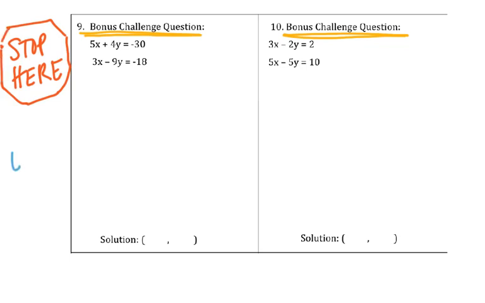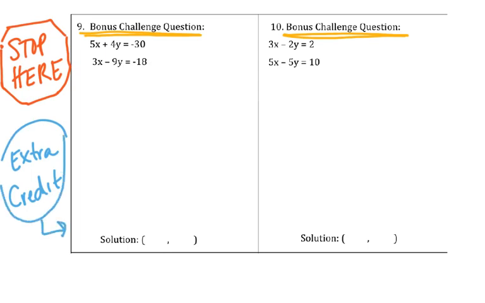However, if you want extra credit and you want to keep going, then let's do these last 4 together. So this is all extra credit. If you don't care about extra credit, then you can stop here. Okay? So for the grade this week, 1 through 8, which we just did, are the ones that count.